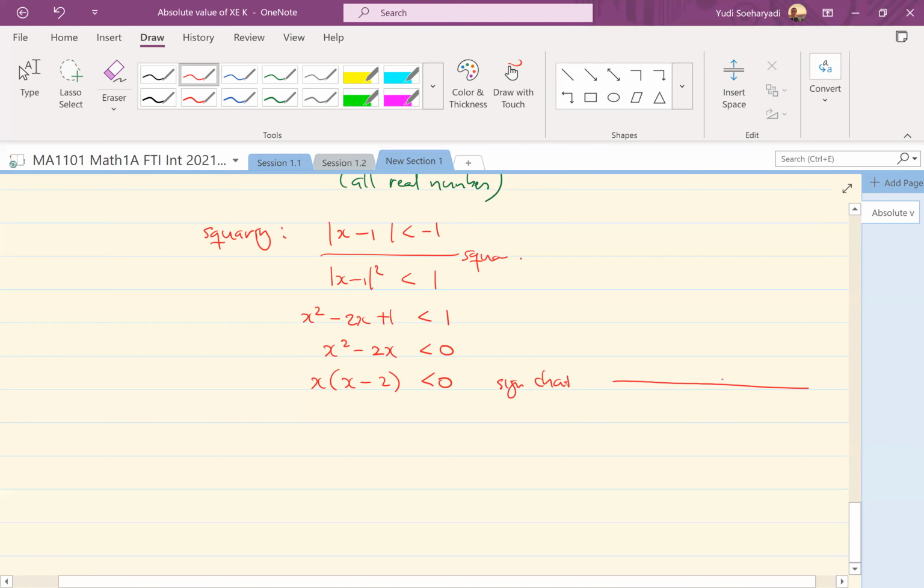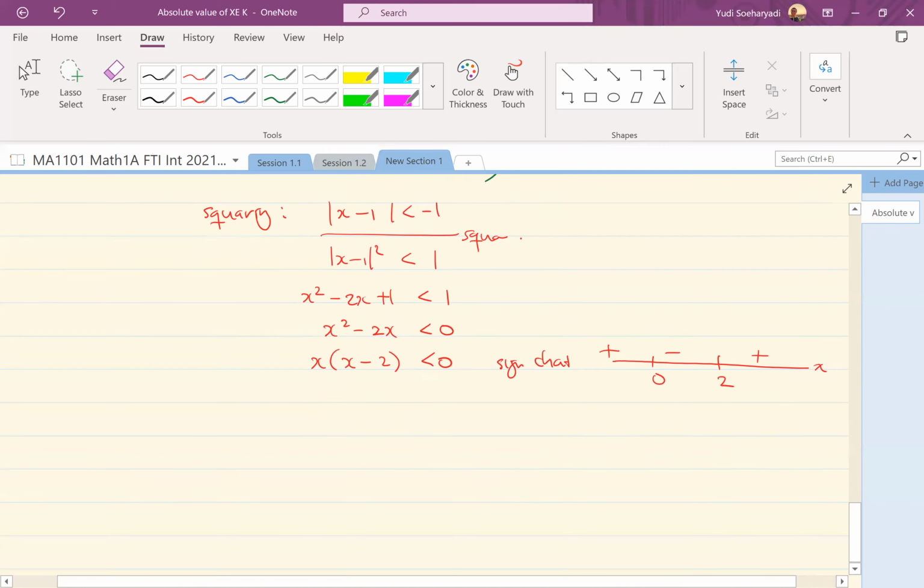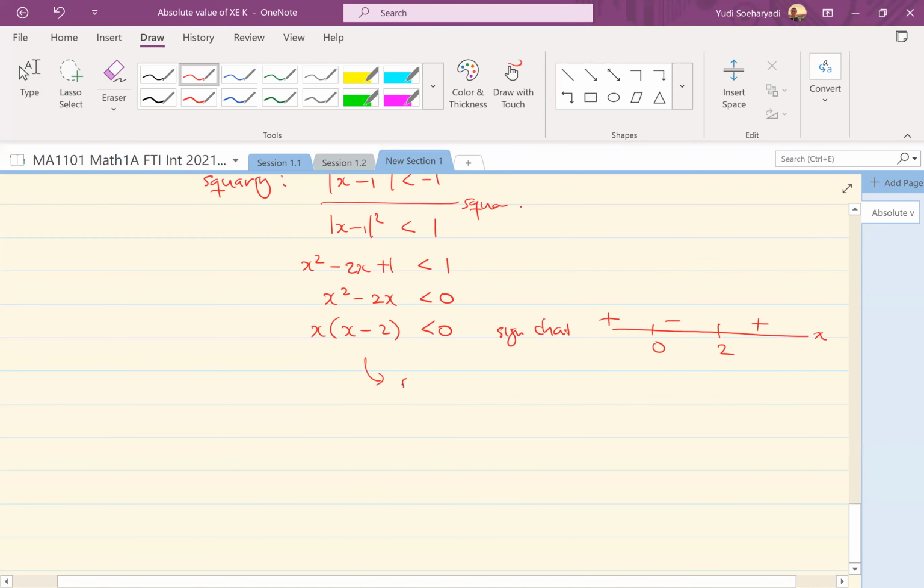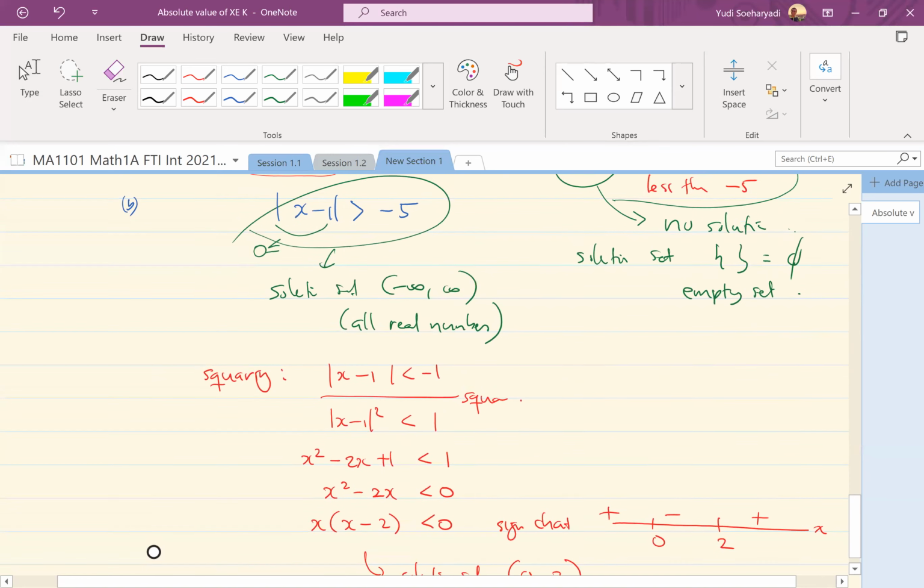You indicate two numbers, 0 and 2, and if you check the sign, it is plus, minus, plus. So the solution set is the one that's negative.